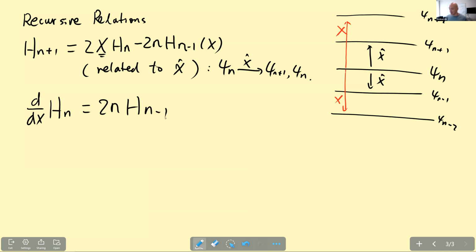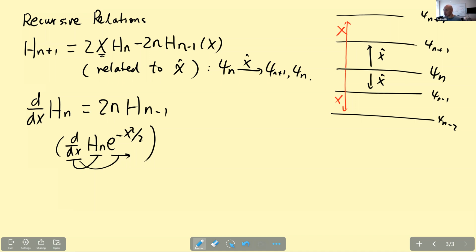Okay. But remember, if you apply this one, you need to act on this, right? And also you need to have one term on this one. So on this one, that will give us x times this wave function, right? So this is related to the momentum operator, okay?